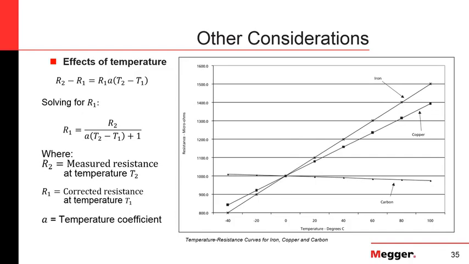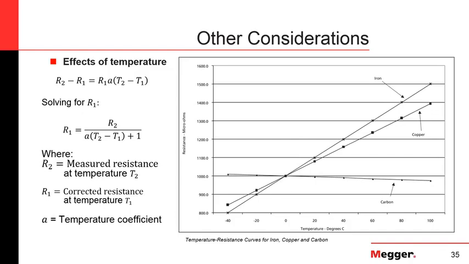So what we will do is take the measurements at any temperature, but take note of that temperature and then use this formula on your screen to correct those values to a base temperature. In this formula, the R2 is the measured resistance, the T2 is the temperature at which you measure the resistance values, and T1 is the temperature at which you want to correct the values.